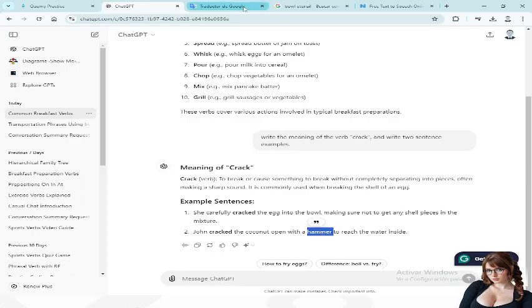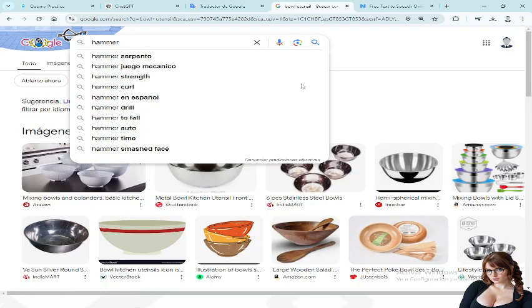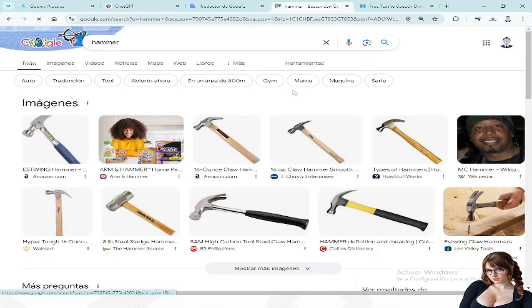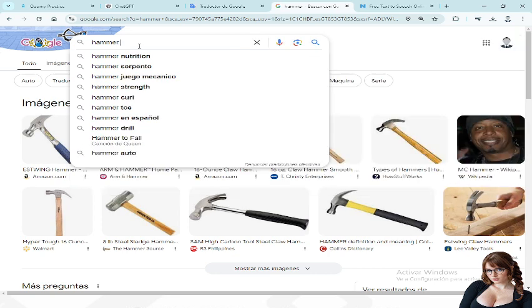For example, hammer. If you don't know what a hammer is, you can search on Google for an image or an illustration about the meaning of each word.